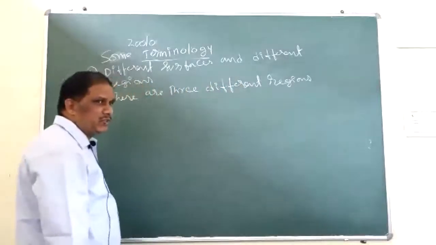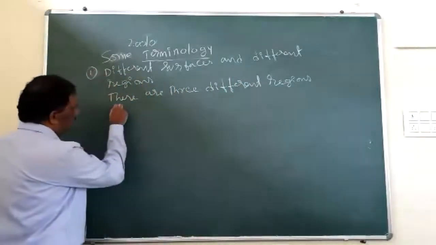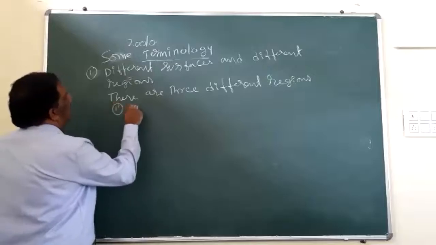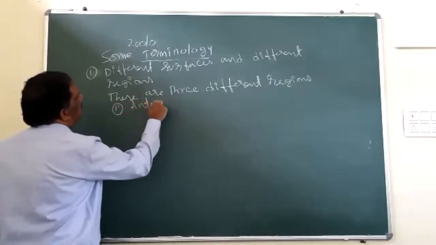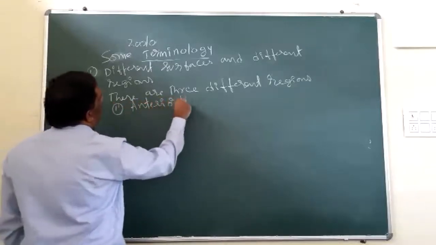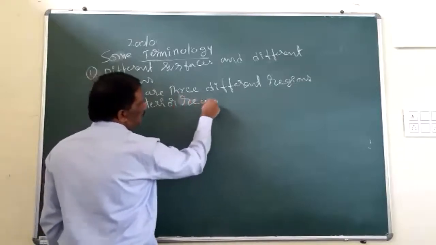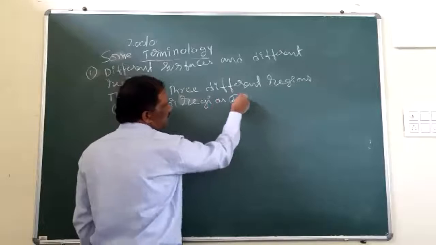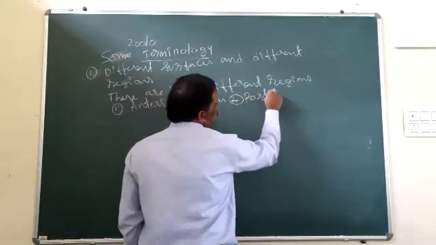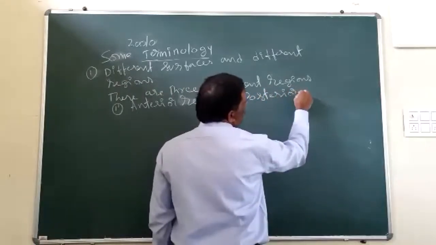One is anterior region. Second one is posterior region.